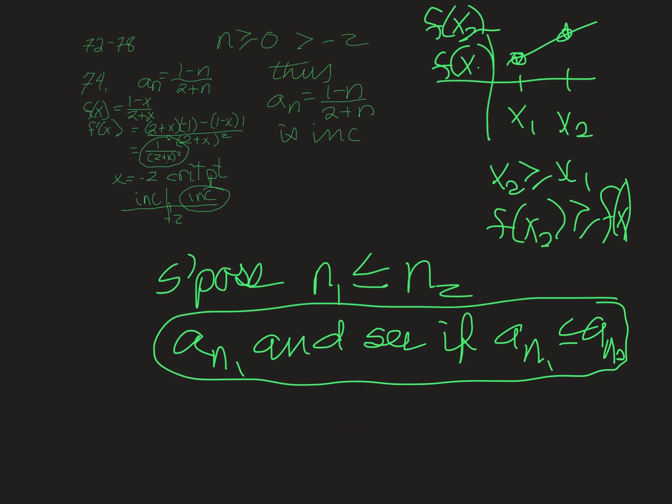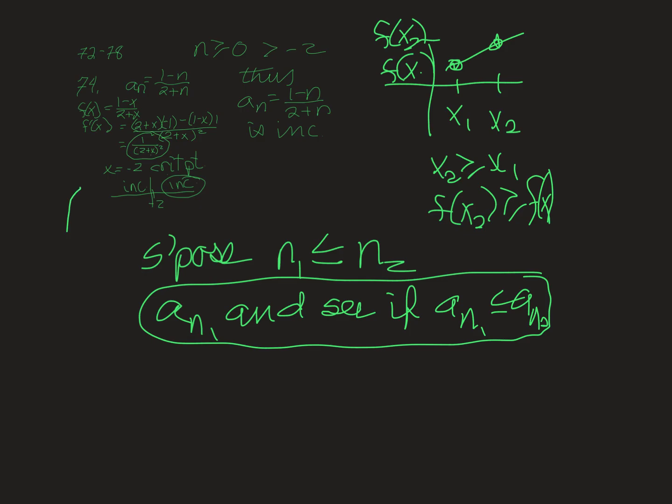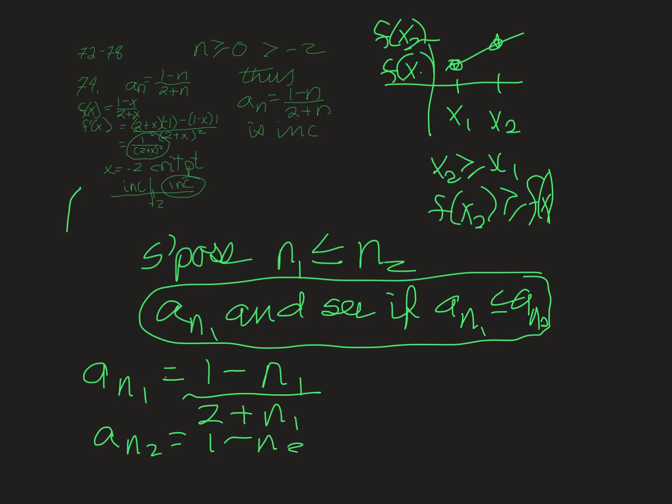All right, so let's move that up. So a sub n1 is equal to 1 minus n1 over 2 plus n1. And a sub n2 is equal to 1 minus n2 over 2 plus n2. Okay?